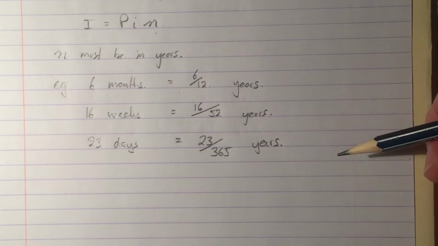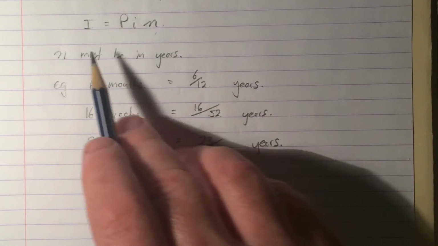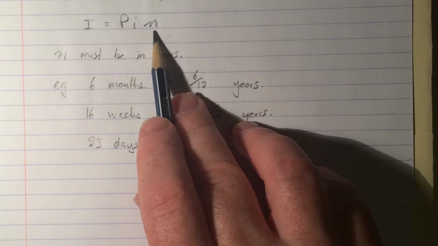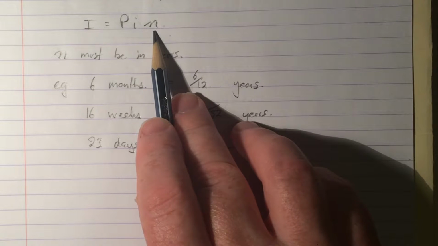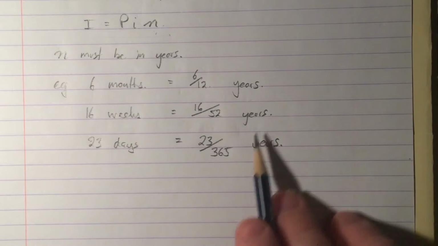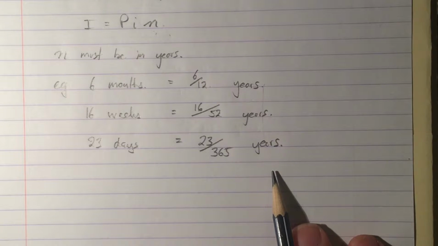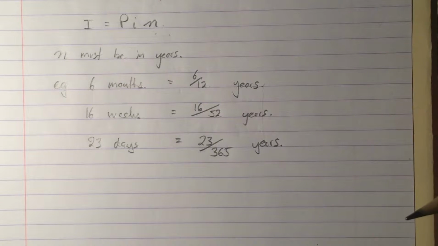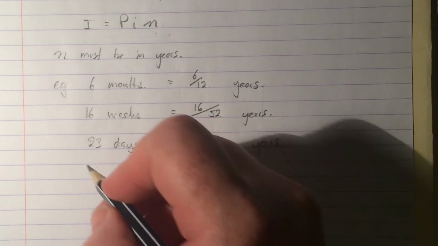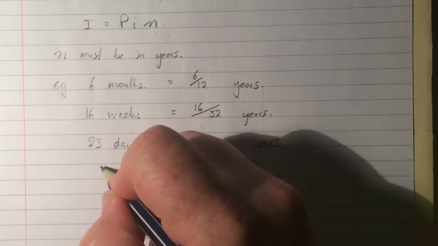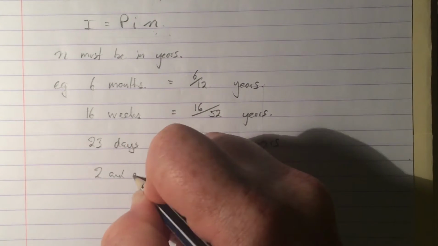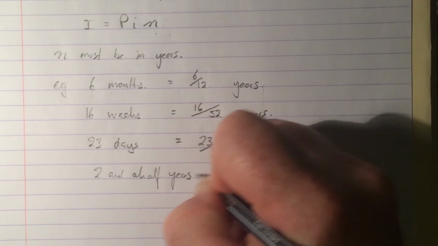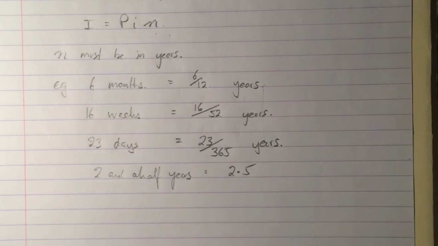So it's important to note when we're using our simple interest formula that the term of the loan or the investment, the N value, must always be expressed in years, whether the question gives it to us in months, weeks, or days. Of course, we could also say 2 and a half years would just be 2.5.